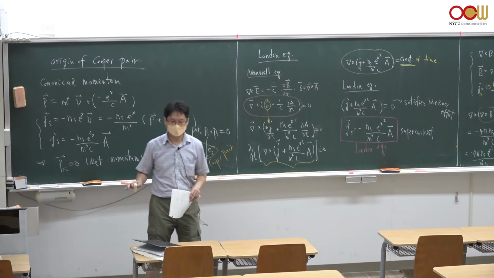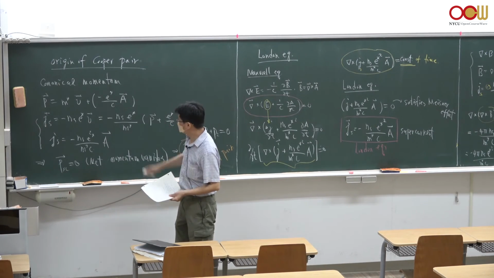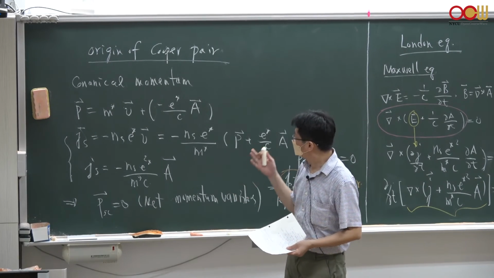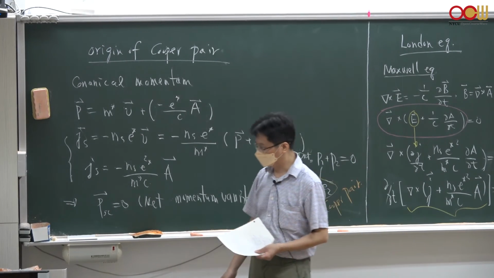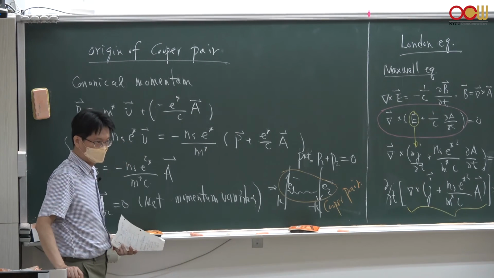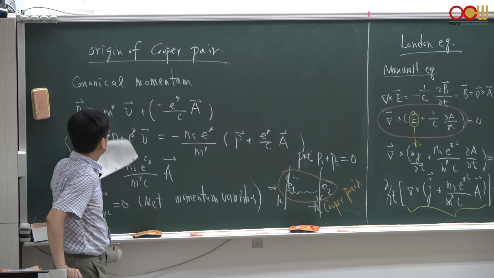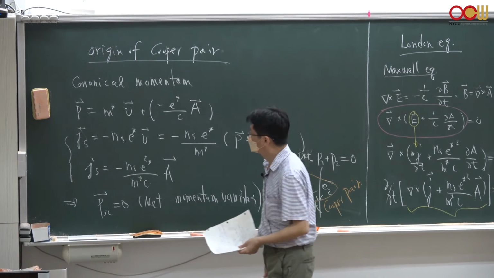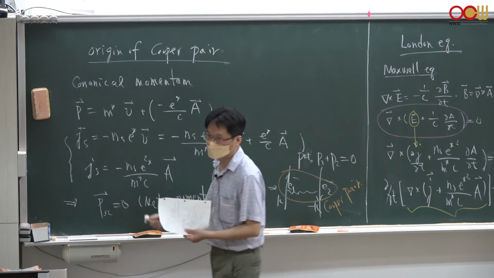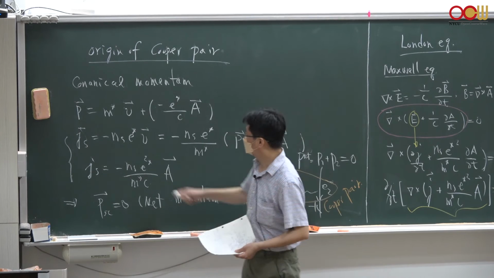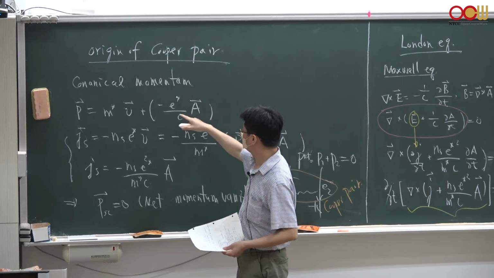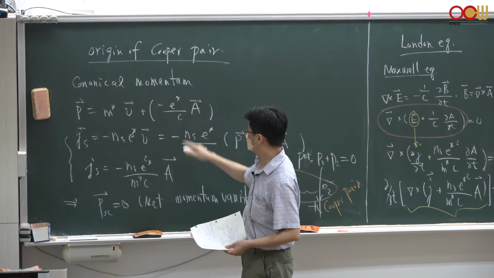Okay, so before the end of our lecture today, let me just argue that the London equation and the canonical momentum of supercharged particles will lead to the Cooper pairs between two electrons. Remember from classical mechanics and EM, the canonical momentum P in the presence of a vector potential is given by m* times velocity v plus the vector potential A multiplied by minus e*/c.